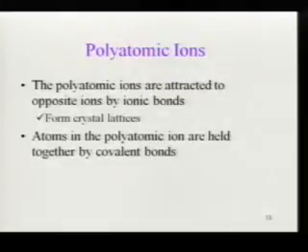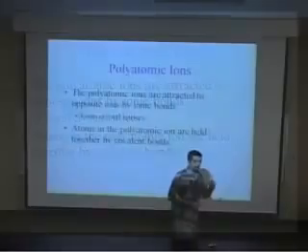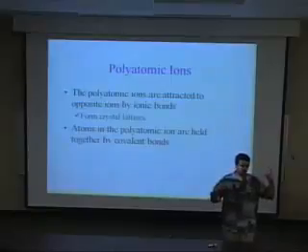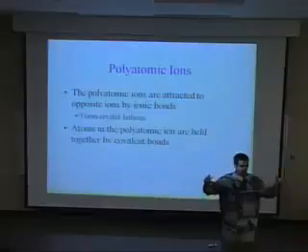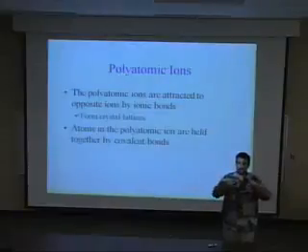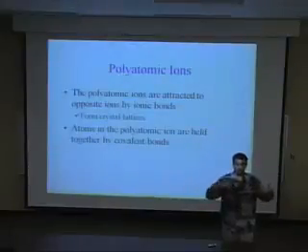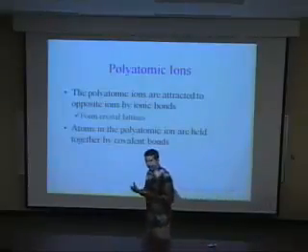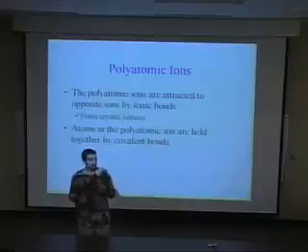The polyatomic ions are attracted to one another. Like if I have ammonium, which is NH4 positive, and I have sulfate, which is SO4 2 negative, I can put those 2 together, and they are attracted because of their opposite charges. But realize that inside those ions, like SO4, guess what?